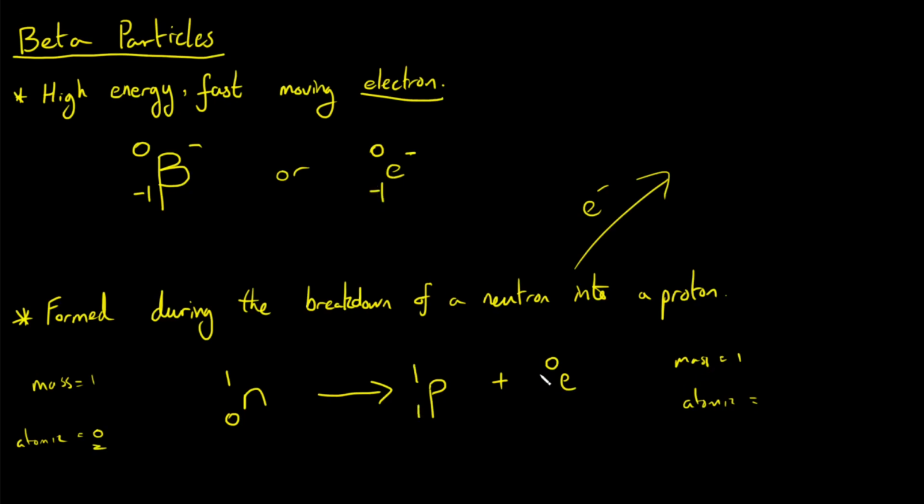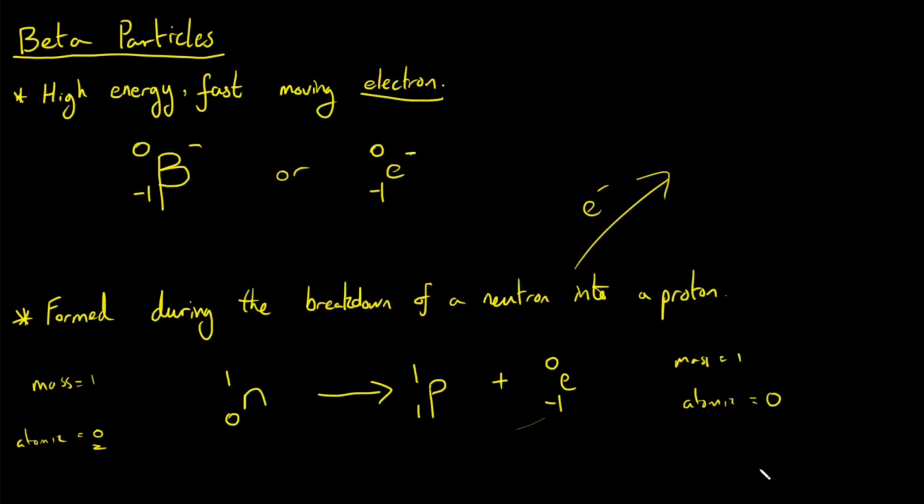So therefore, we can think of the electron as having a -1 atomic number to balance out these atomic numbers, to make sure that whenever we have a chemical equation, everything is balanced.